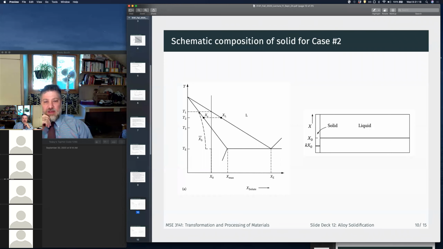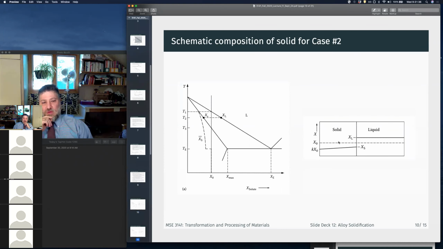As we drop our temperature, as we cool down, right, our solid composition is going to follow this line, right? So that means what we're going to have is a gradient in composition in our solid, right?